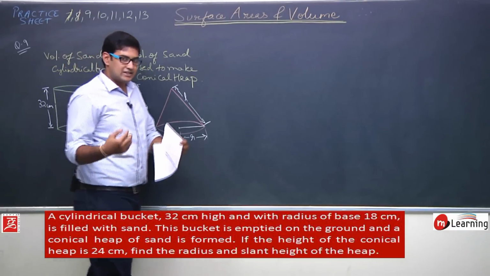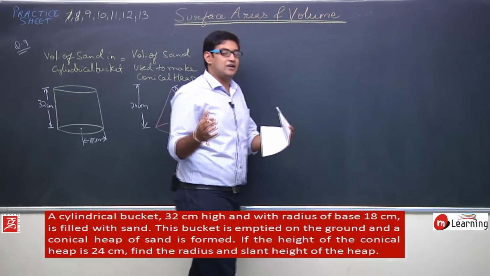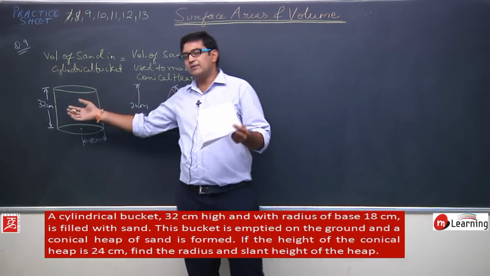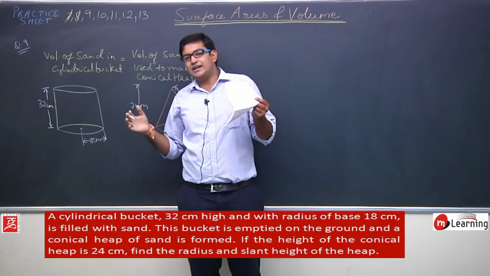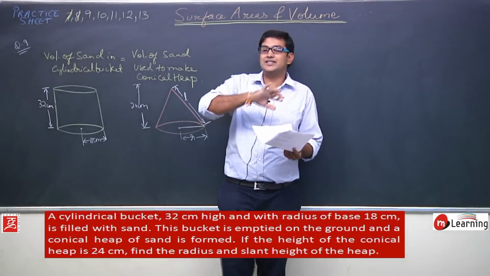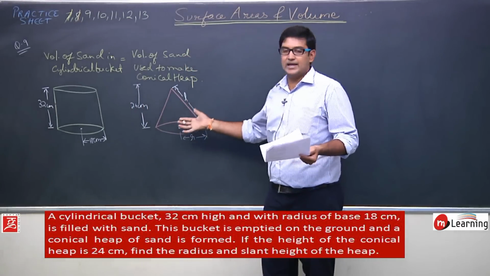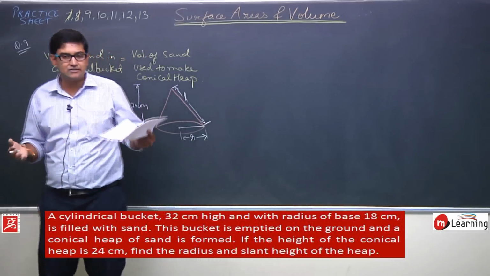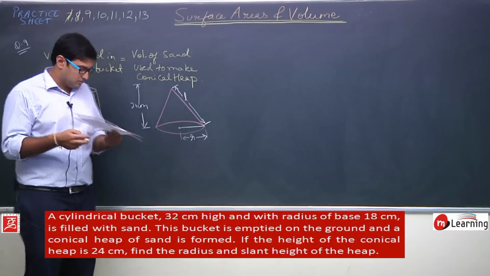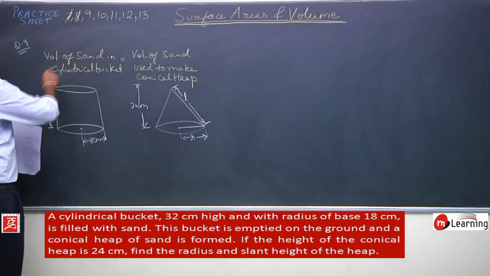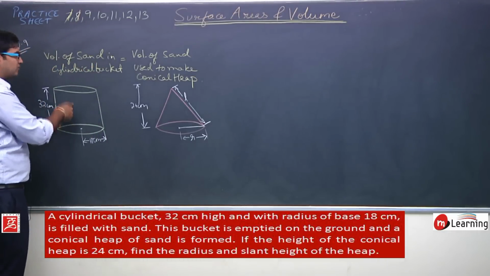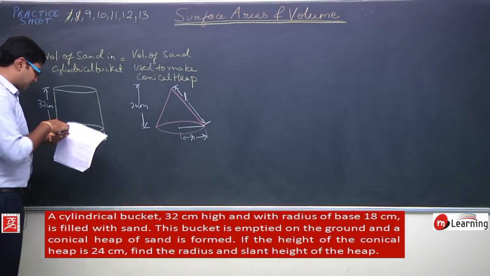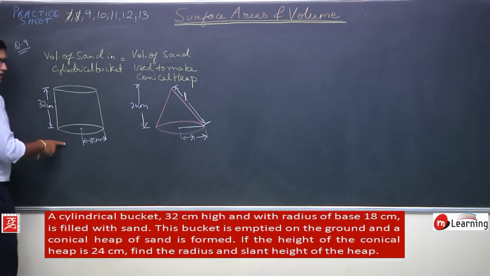What I can say is that the shape of the sand in this cylindrical bucket is cylinder. Then what I did is reshaped the same sand into a conical heap. That's why both the volumes are equal, because the amount of sand is equal in both the cases. So if I take the volume of this cylinder, it is pi r square h.